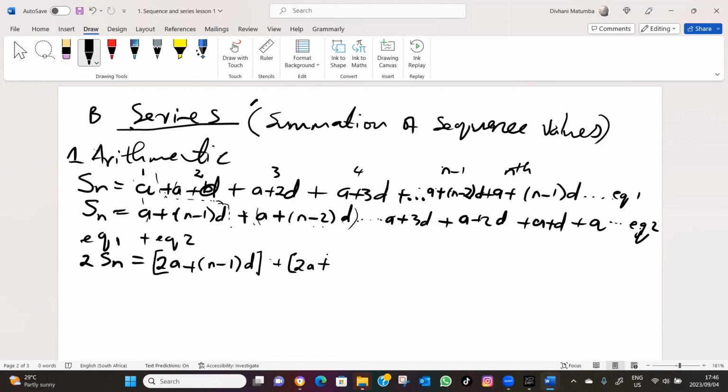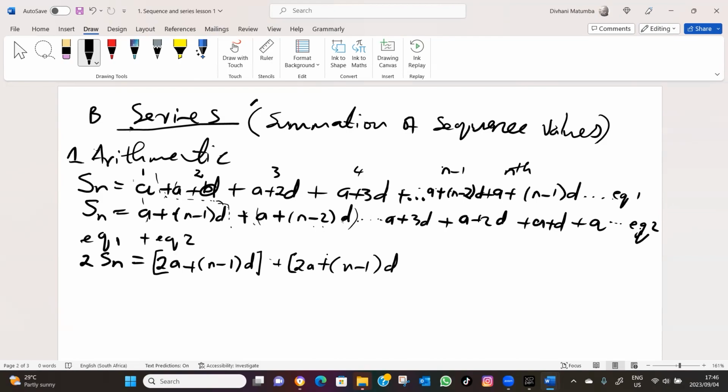So if we take out d as the common factor, then we will be left with n minus 1 into d.